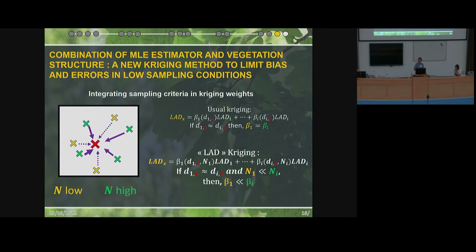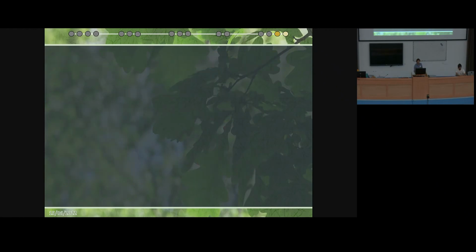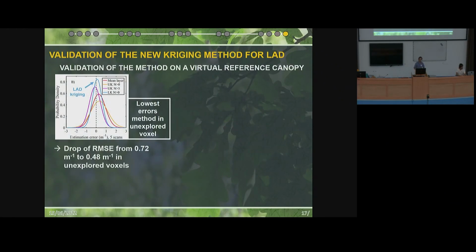So we adapted kriging in this sense, and we also adapted interpolation between voxels with a confidence weight, meaning that voxels that are well explored count more than voxels with few beams. So this yields quite good results.